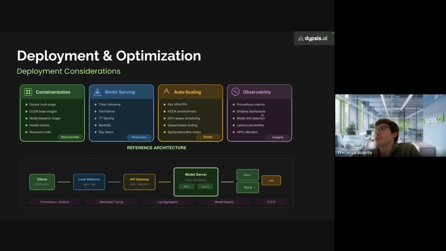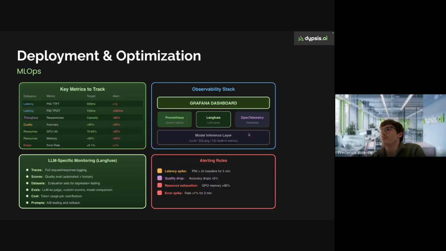And very importantly, you have this stage of observability. It's very important to capture specific metrics, either related to the resources you are using, the latency of the requests, and how many requests you can make per second, so the throughput, but also related to the models, how the models are behaving through time.